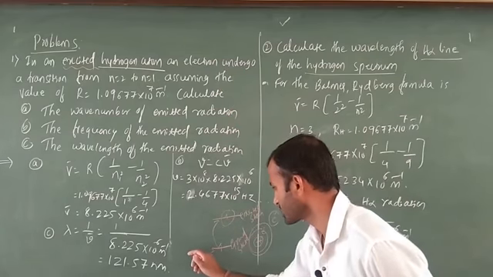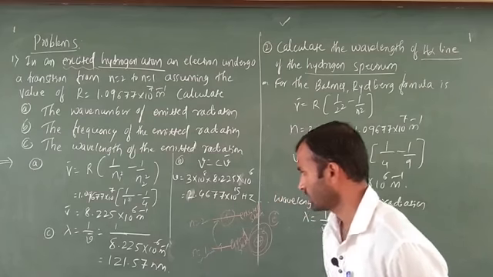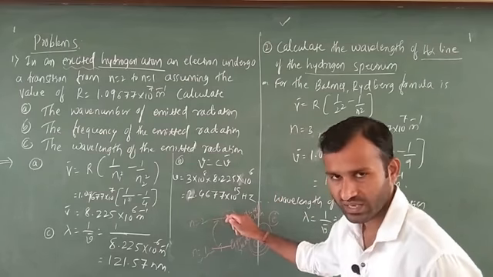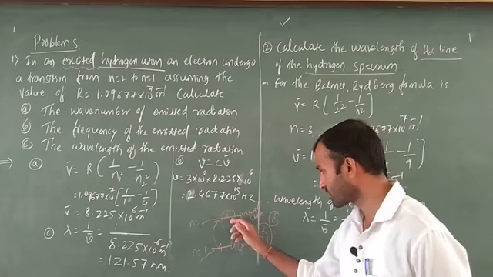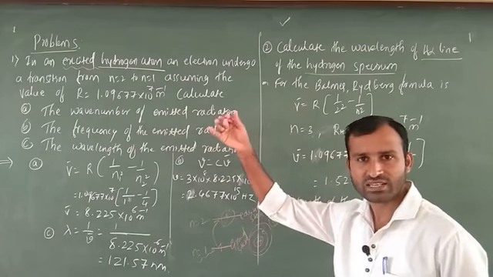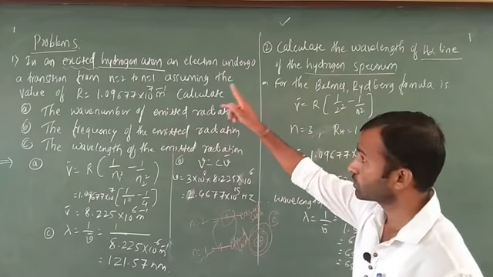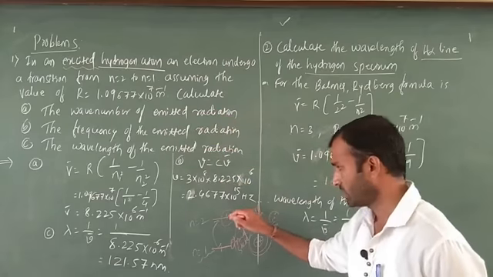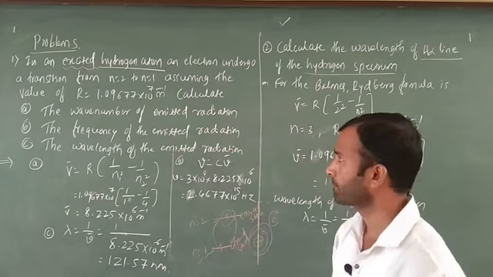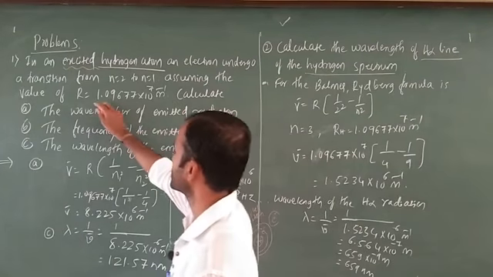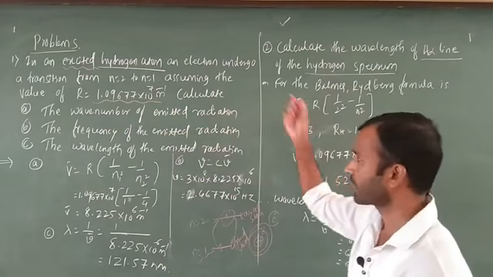Assuming this value, they have given the Rydberg constant in SI unit per meter.